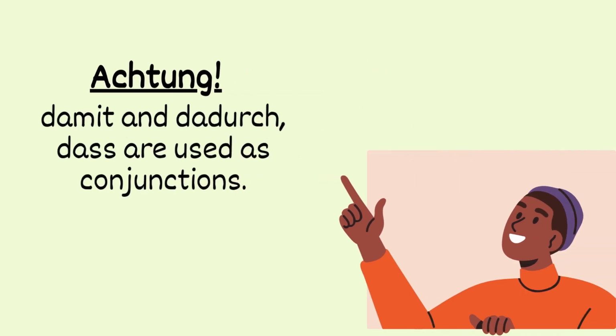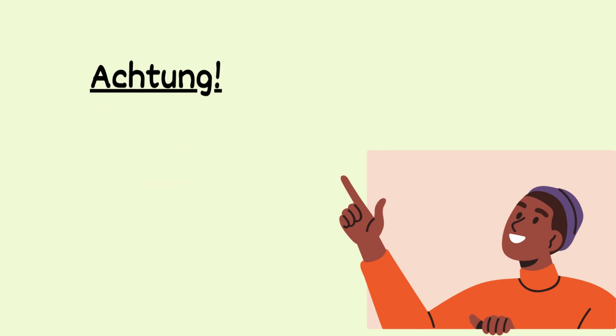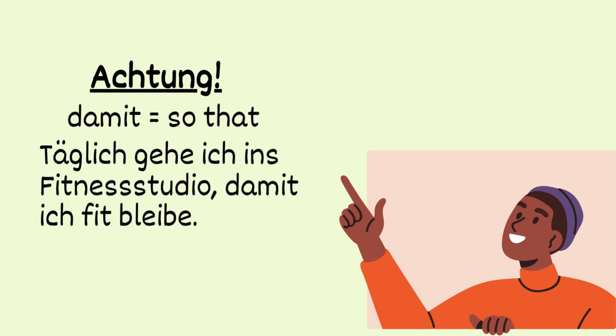Now there's another situation where these da words can occur. Words like damit and dadurch can be used as conjunctions. Damit as a conjunction means so that. For example, täglich gehe ich ins Fitnessstudio, damit ich fit bleibe. I go to the gym every day so that I remain fit. Yeah?